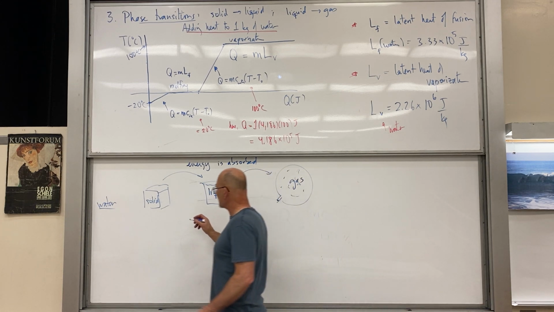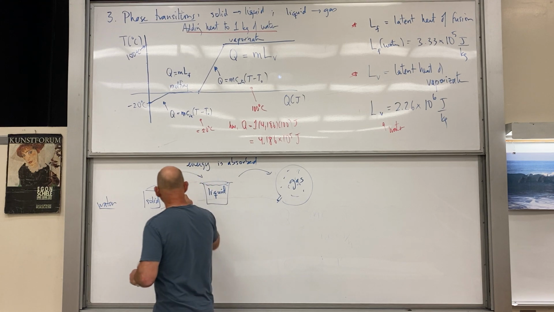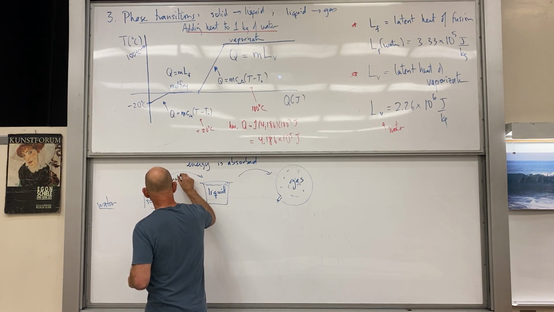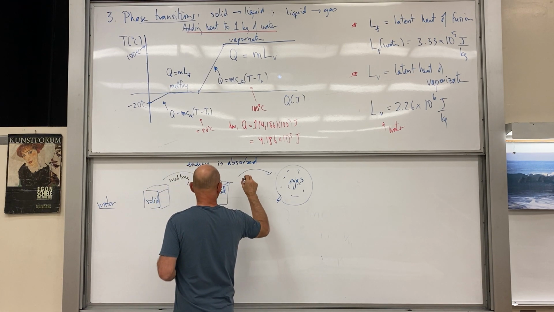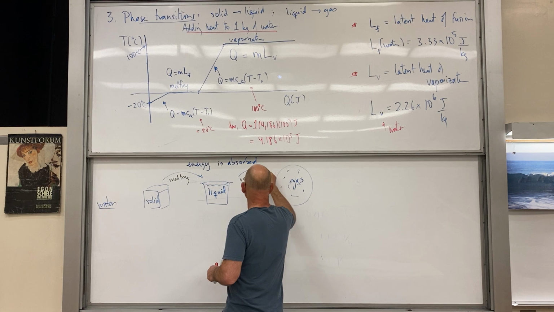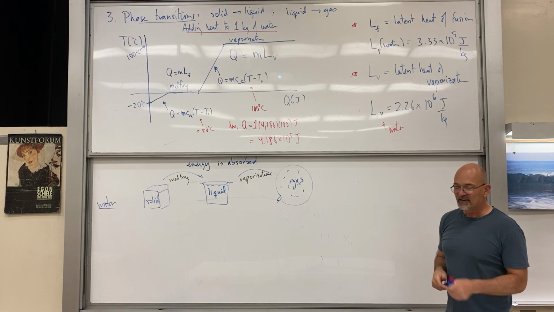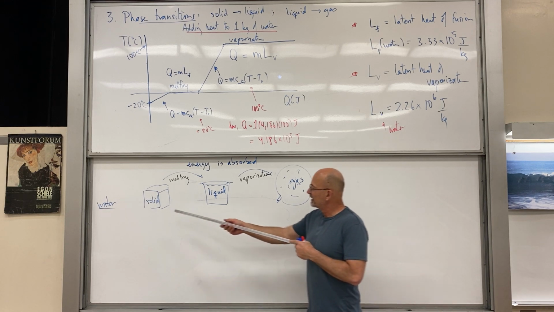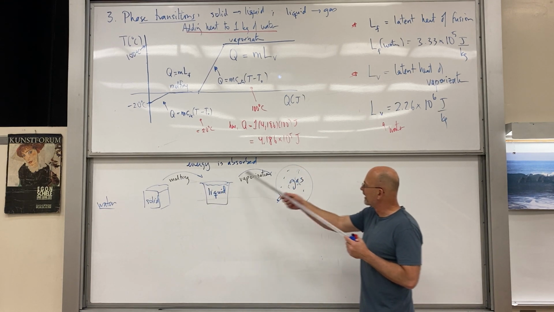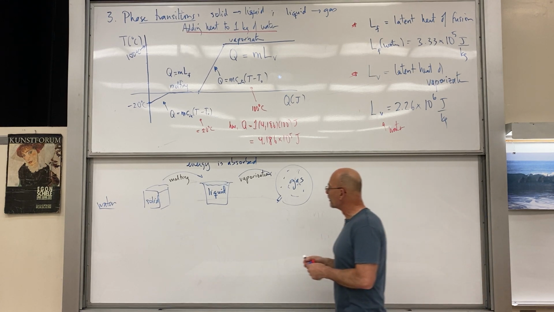So this was melting. Got another color here, why not? So this here is the melting process, and this is vaporizing or vaporization. And this is what we're familiar with, right? We add energy to something, melt, vaporize. But the other direction of the arrows is also possible.